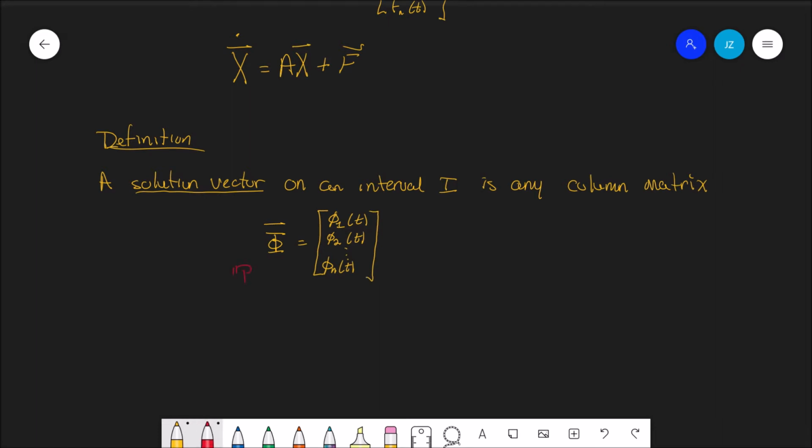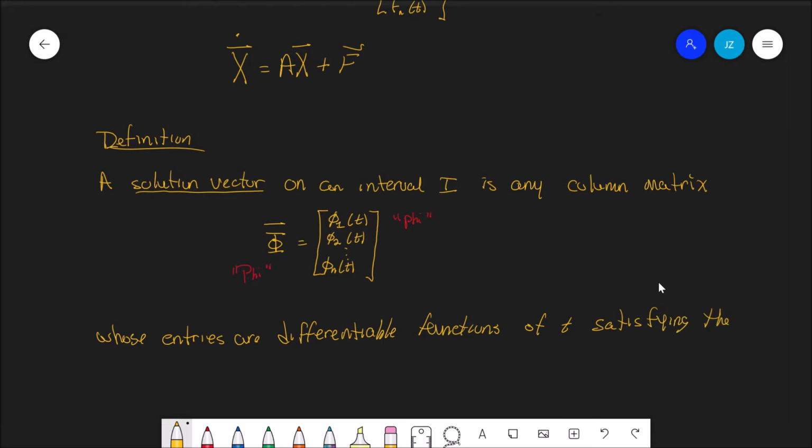So this is the Greek letter capital Phi, and each of these are the Greek letters lowercase phi, whose entries are differentiable functions of t satisfying the system x dot is equal to Ax plus f on the interval I.